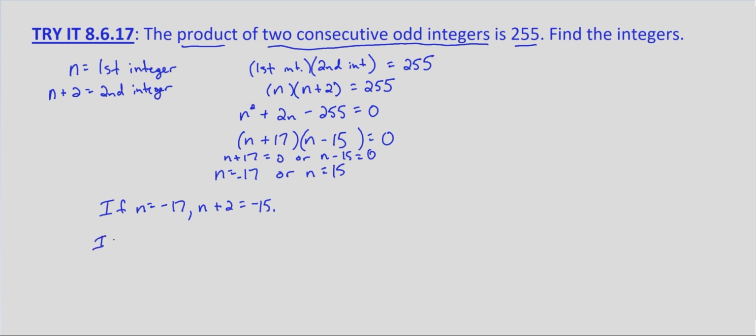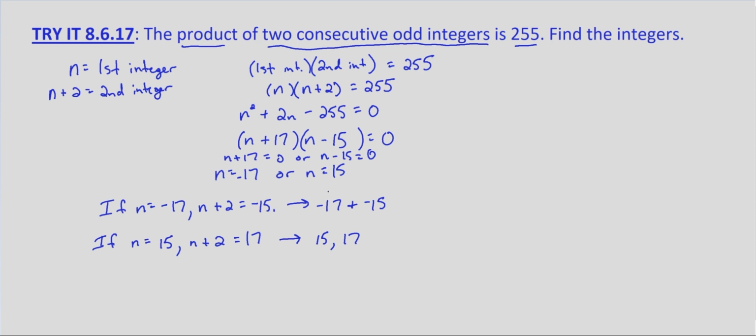If n equals 15, then n plus 2 equals 17. So the two possible combinations are negative 17 and negative 15, or 15 and 17.